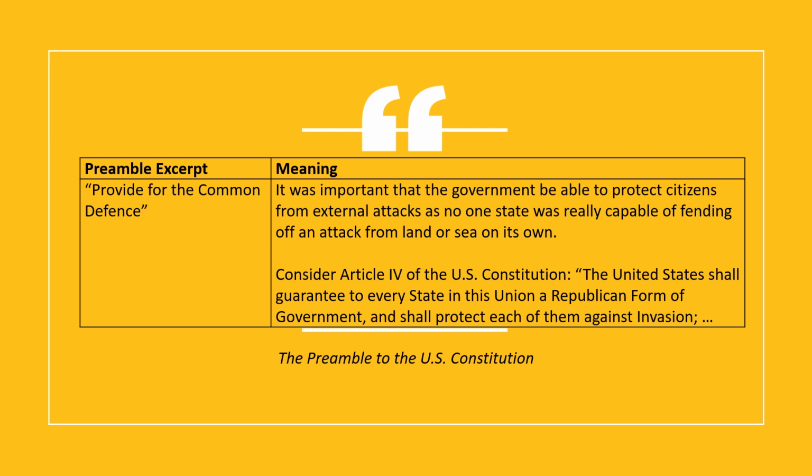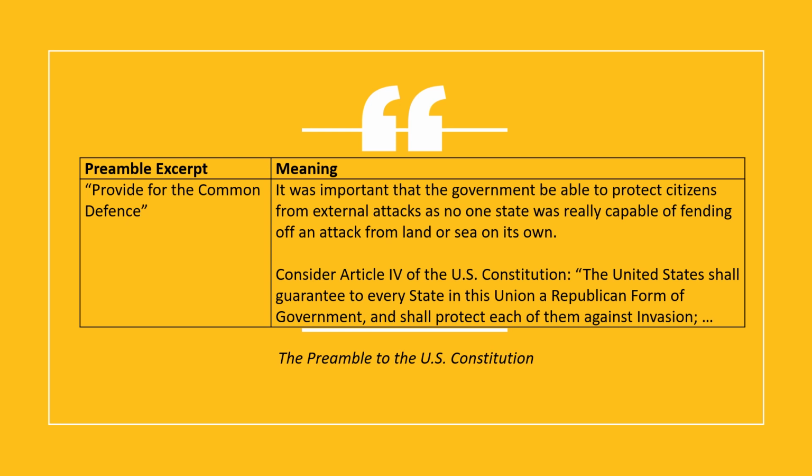So that means that every state was guaranteed a representative form of government, and here's a commitment that the national government will protect each state against invasion. There would be no favoritism, that if the state of Georgia was attacked by an outside entity, they would not be protected, but if the state of New York was attacked, then New York would be protected.